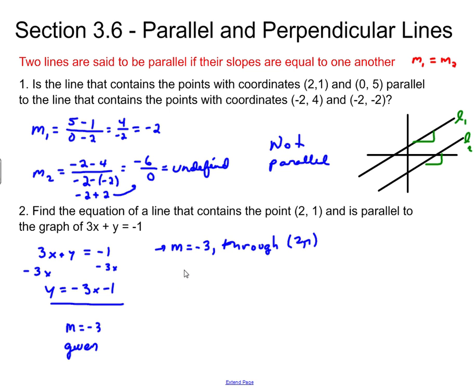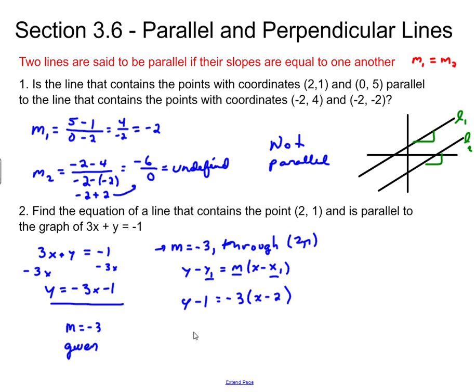And I like my point-slope formula. Remember, y minus y1 is equal to m times x minus x1, where the y1, the x1, and the m are all fill-in-the-blank values from our given information. And so this is going to be y minus 1 is equal to -3 times x minus 2.